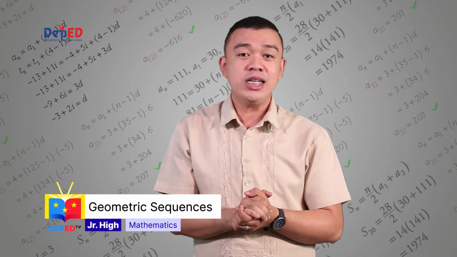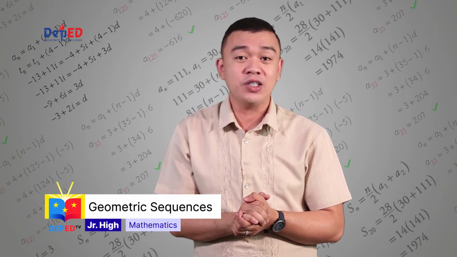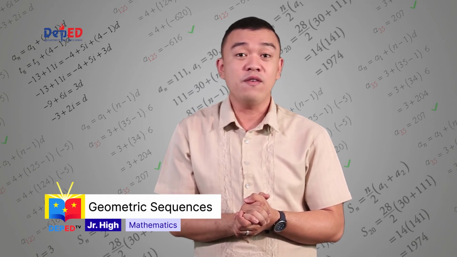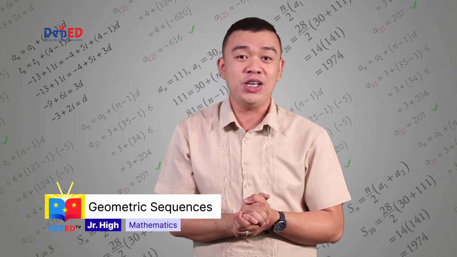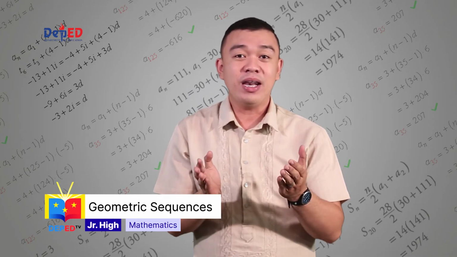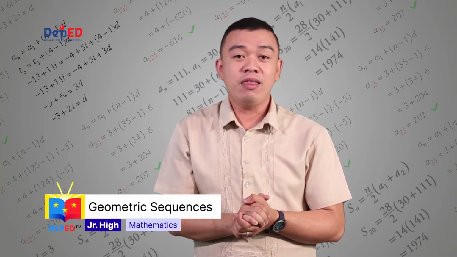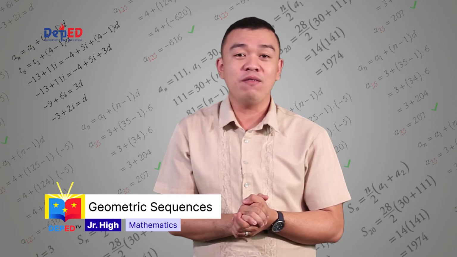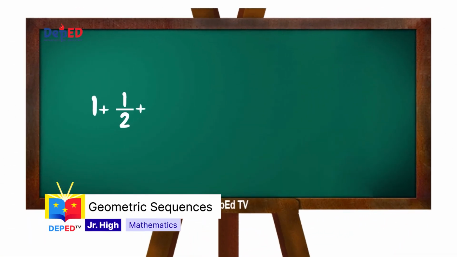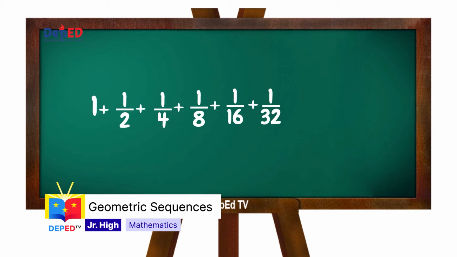This scenario indicates that we can still find the sum of the terms of an infinite geometric sequence. In a mathematical statement, we can write the sum of the areas of the rectangles as follows: 1 plus 1/2 plus 1/4 plus 1/8 plus 1/16 plus 1 over 32 and so on will give us 2.